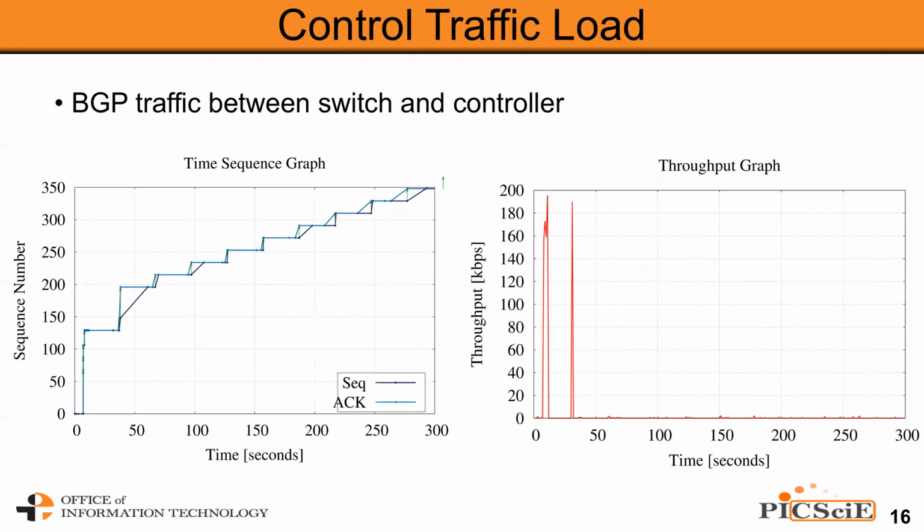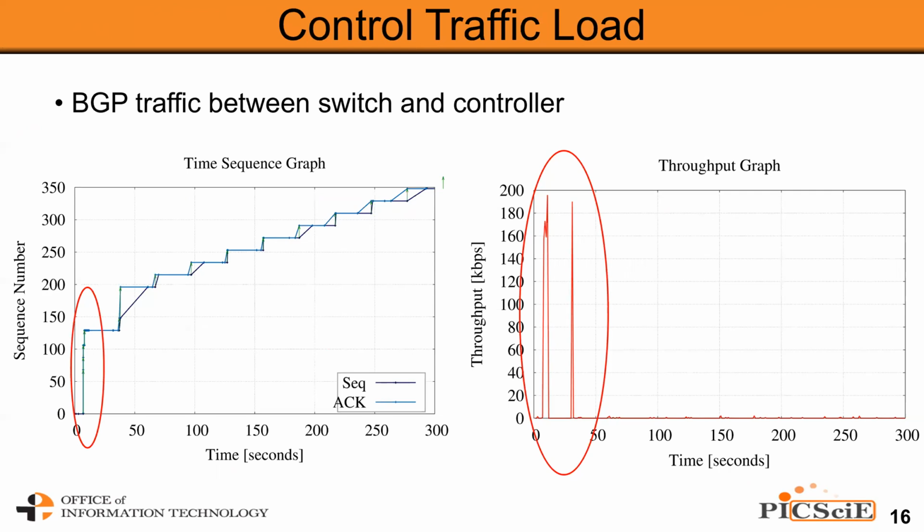We did a packet capture of the BGP traffic between the switch and controller, when the software-defined border router was just coming up. The left one is the time sequence graph of the PCAP, and the right is the throughput. When you turn on the software-defined border router, you can see the initial climb of traffic on the left.